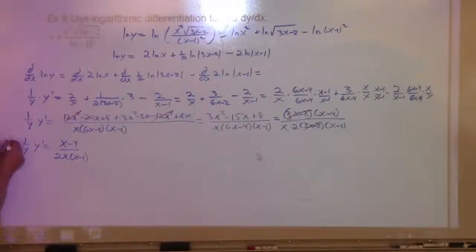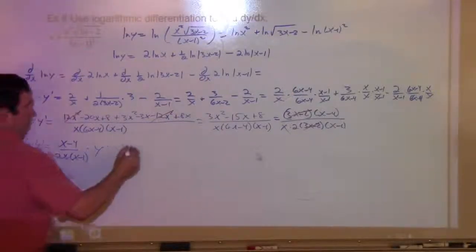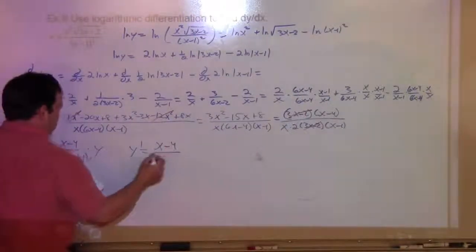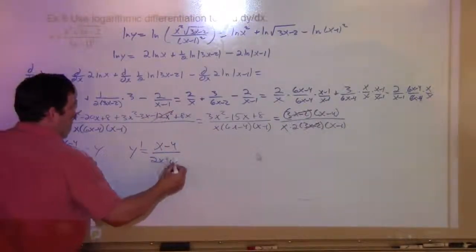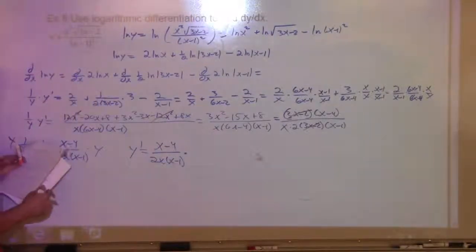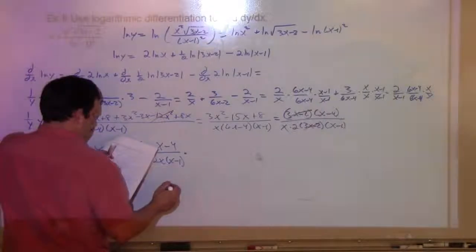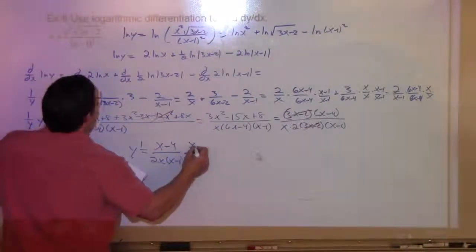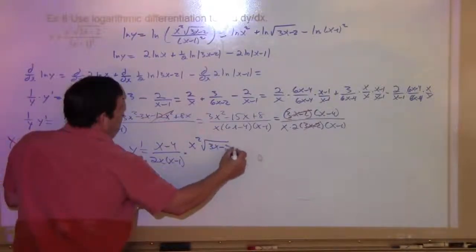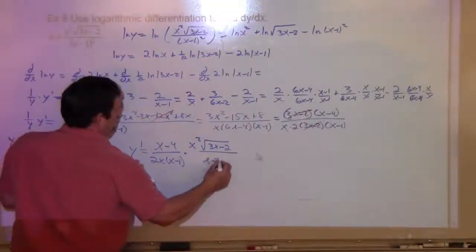So if I multiply both sides by y, y prime would be x minus 4 over 2x times x minus 1 times, what was our y originally? It was x squared times the square root of 3x minus 2 over x minus 1 squared.